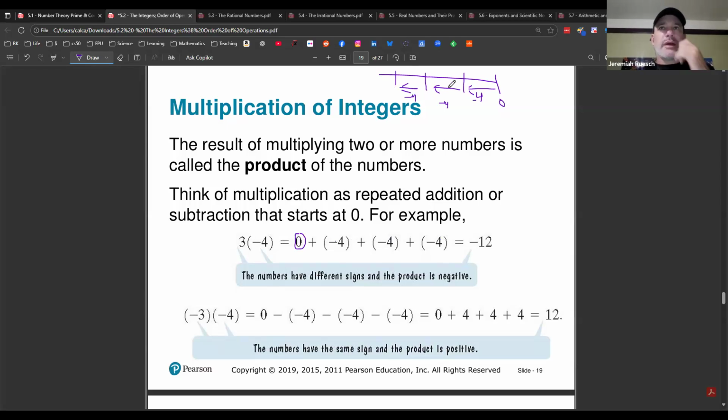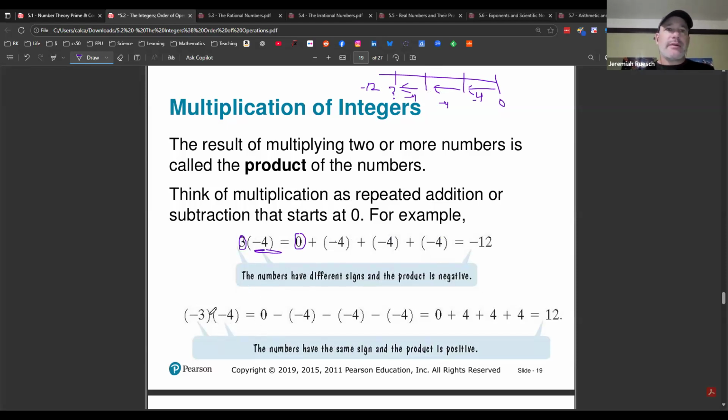And so when you're done with all that, it asks you, what is this position? Well, if you just add each of those up, negative 4, negative 4, and negative 4, you end up at negative 12. And that's the location of this spot here. So the number line here, again, all this is telling you is how many of these you have. Okay. All right.